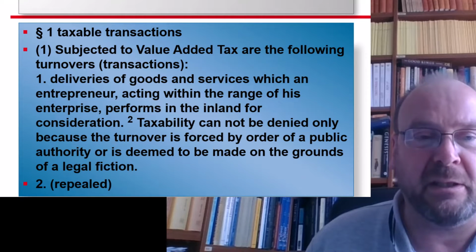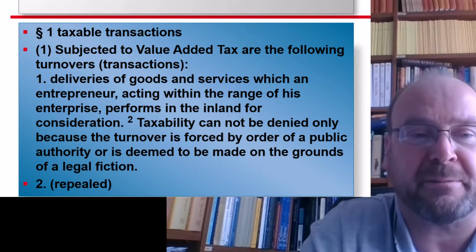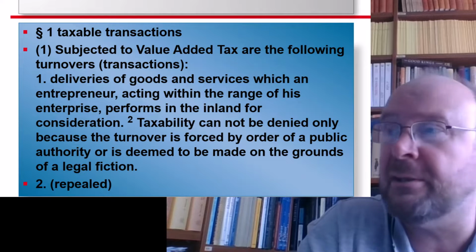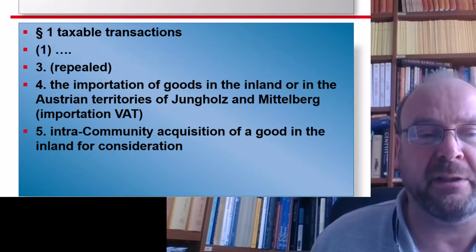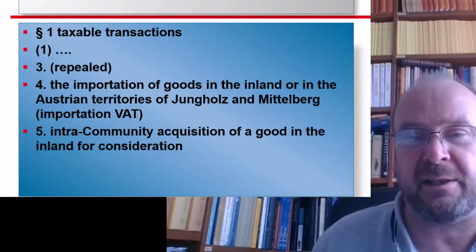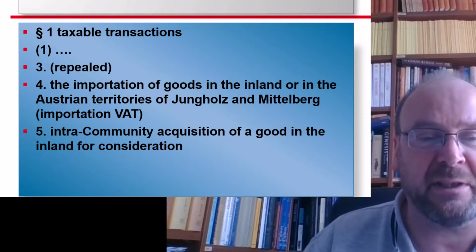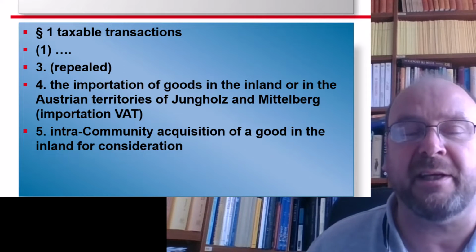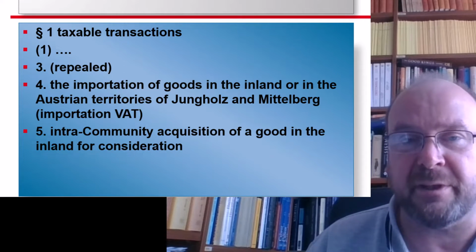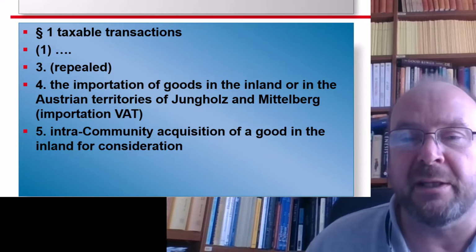Here are the taxable transactions. You see paragraph 1, subparagraph 1, number 1, 2, 3, 4, and last but not least, the one we need here, the intra-community acquisition of goods in the inland for consideration, so against payment or against something in return.